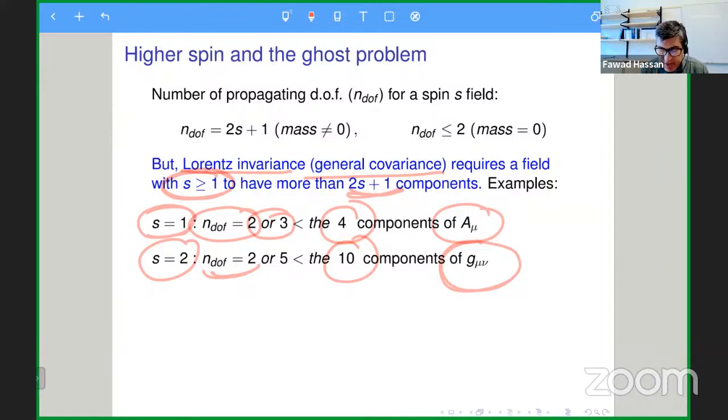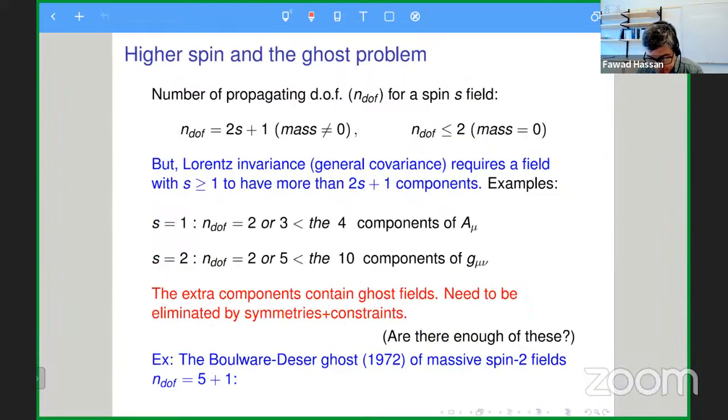Again, you can see that the number of components in the field is much more than the number of degrees of freedom that you want to describe finally. And as you go to higher and higher spins, you need more and more components in the field. These are redundant components that you do not actually want. So somehow the theory has to get rid of them.